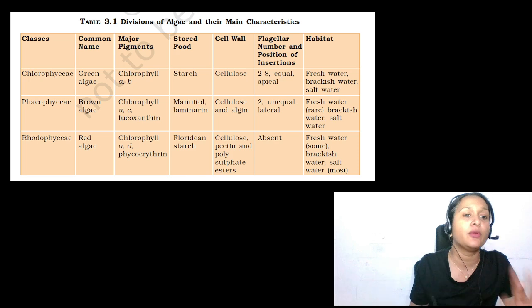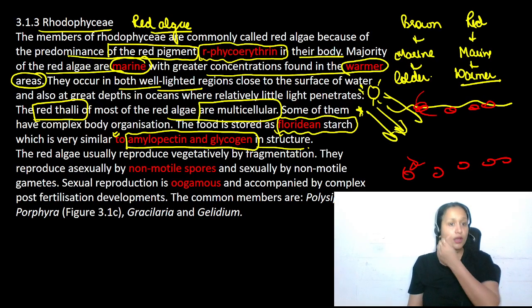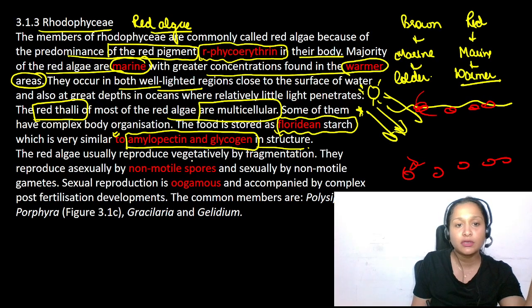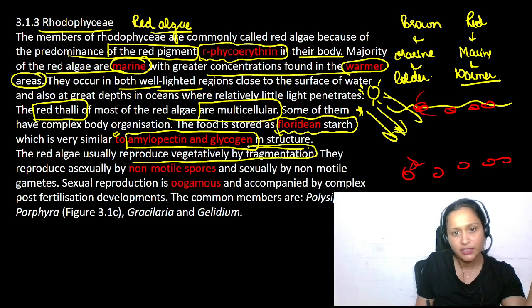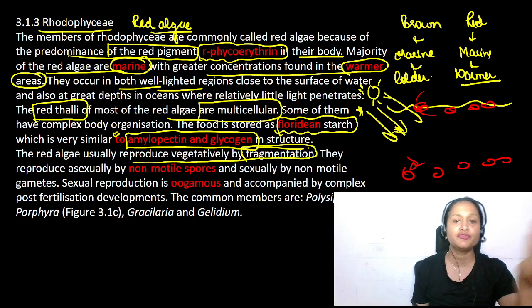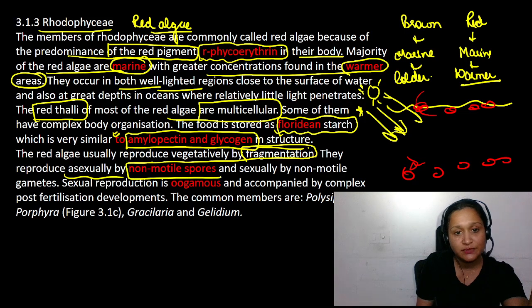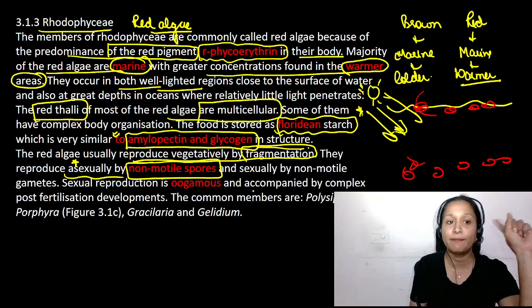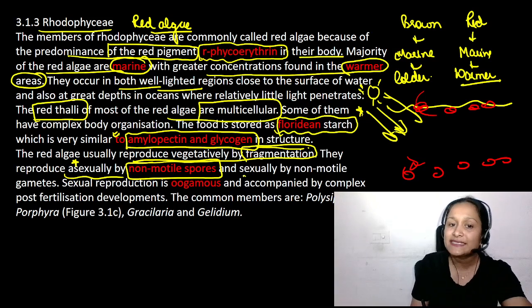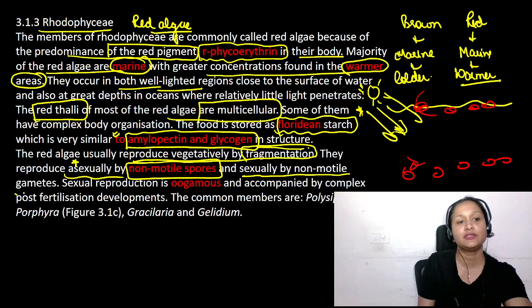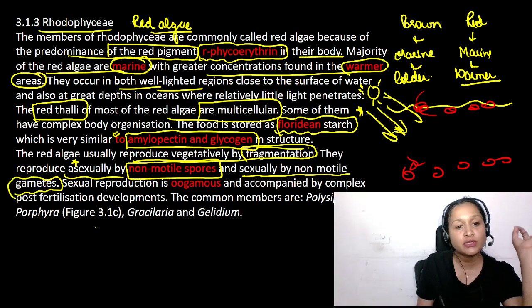Underline it, quite important. Now, the red algae reproduce vegetatively by fragmentation. Of course, we have seen all three members can reproduce by fragmentation. They reproduce asexually by non-motile spores, and sexually by non-motile gametes. So here the gametes and the spores are non-motile.